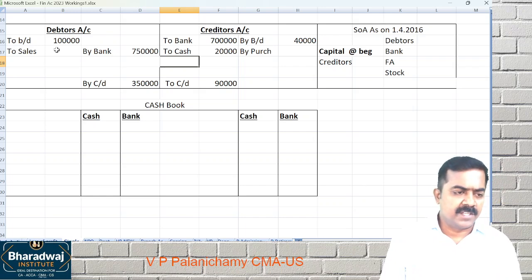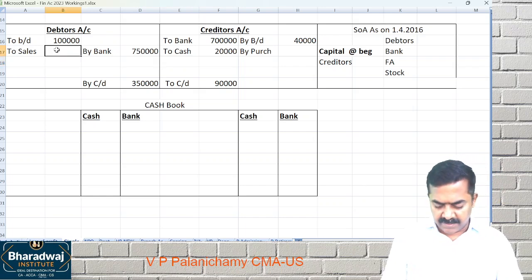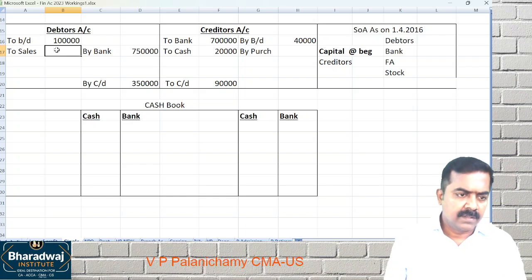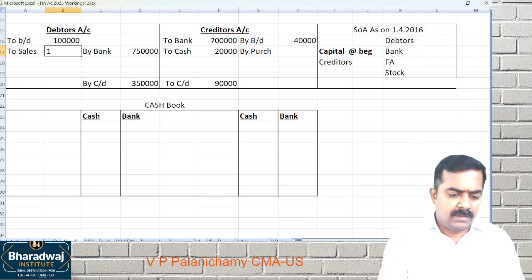So as a balancing figure, we'll get sales in this question, credit sales in this question. This is credit sales. And purchases, balancing figure.